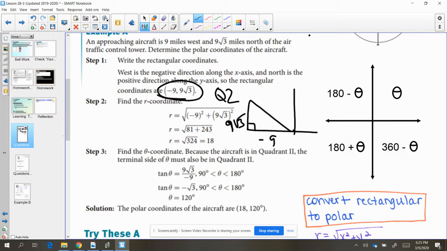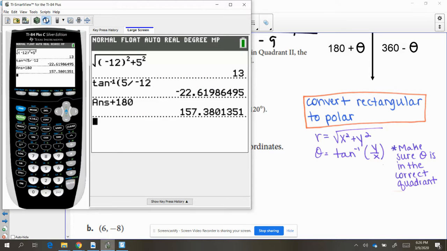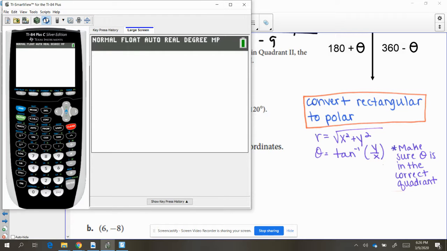Okay, and this is important because when we find r, we're typing in x squared and y squared and taking the square root of that. Notice the use of parentheses. We get r to be 18, right? So r equals 18. Now for theta, when we take tan inverse of y over x, we have to be very careful though, because as we type this in the calculator, what you're going to notice here is tan inverse of 9 square root 3 divided by negative 9 gives us an answer of negative 60.